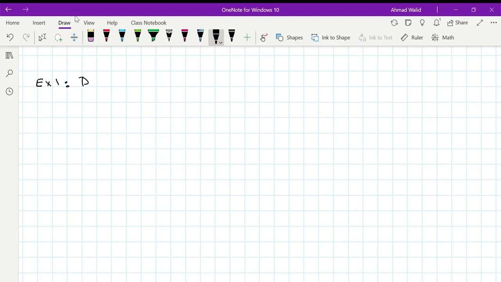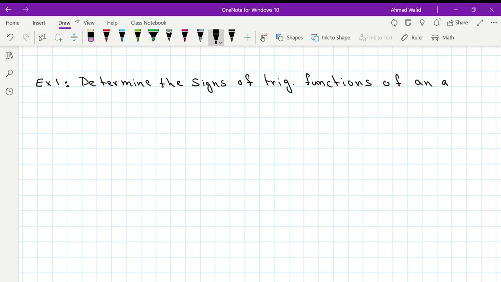Determine the signs of the trig functions of an angle in standard position with the given measure.